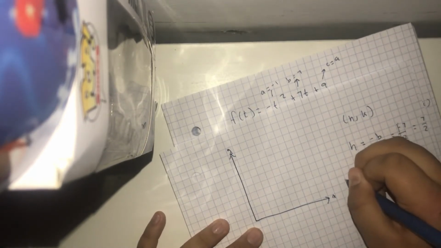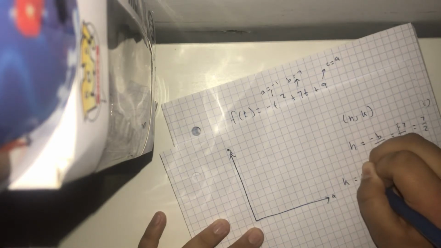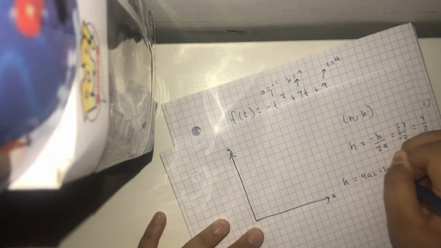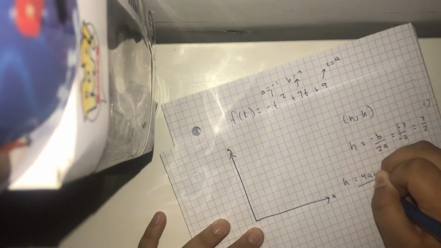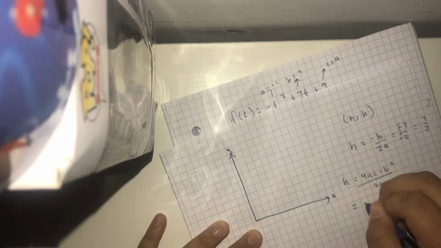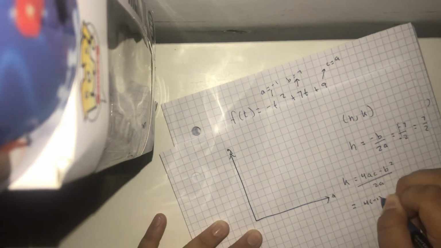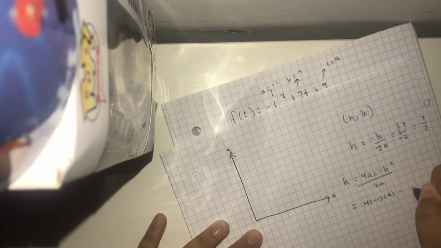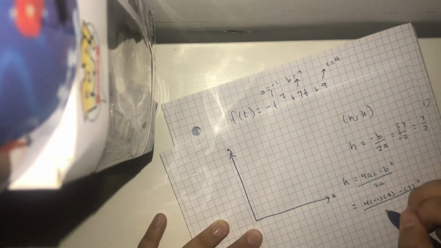And then you have to move on to k, which is 4ac minus b squared all over 2a. When you substitute, you get 4 times negative 1 times 9 minus 7 squared all over 2 times negative 1.